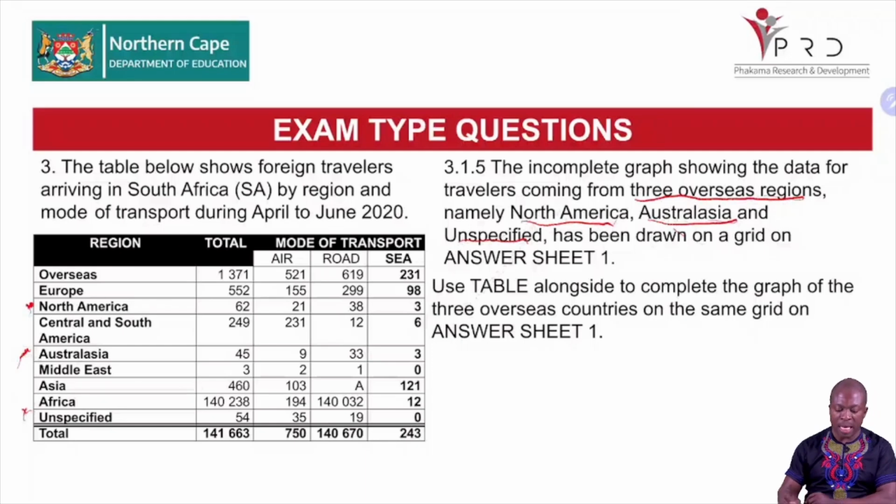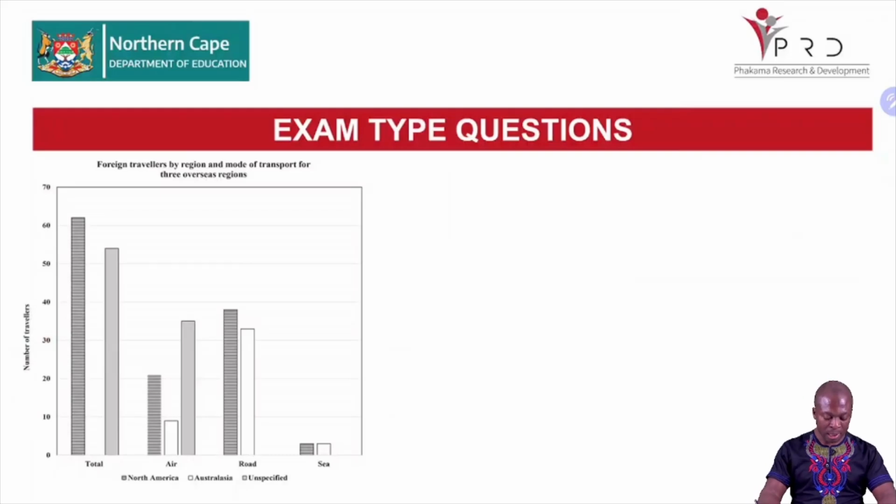Unspecified. Those 3 have been drawn on answer sheet number 1. So we want to ask you questions using that information. Can you see them? The first one is what? North America. Then we have Australasia. And then we have unspecified. And then the way which they used to come to South Africa. Was it air, road, or sea?